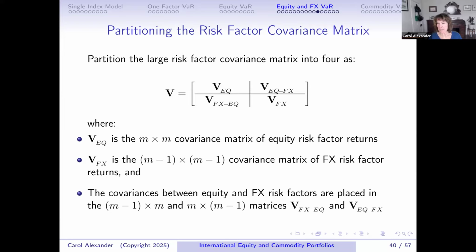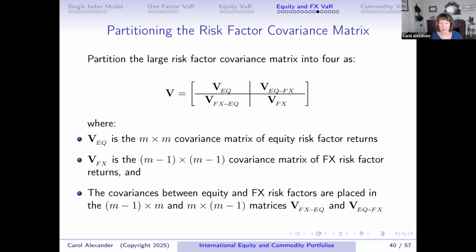I mean, it could be the same M, as I said, if you don't have any domestic stocks in your portfolio. And then you've got these possibly non-square matrices of covariances between the equity and FX risk factors on the other non-diagonal blocks. So we partition the matrix that way.